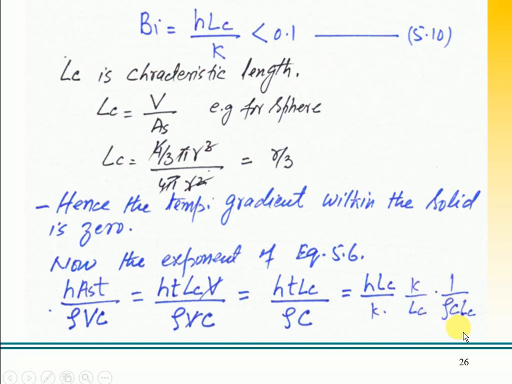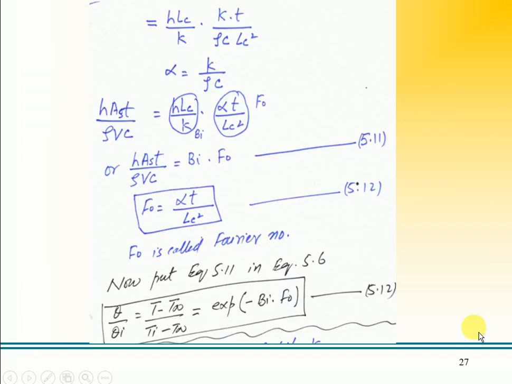If I multiply and divide with k by L_c, I get 1 over rho C L_c. Just to show in this form, this is h L_c by k, k t by rho C L_c squared. Finally, alpha is equal to basically k by rho C. h L_c by k is basically the Biot number, and this alpha t by L_c squared we call the Fourier number.